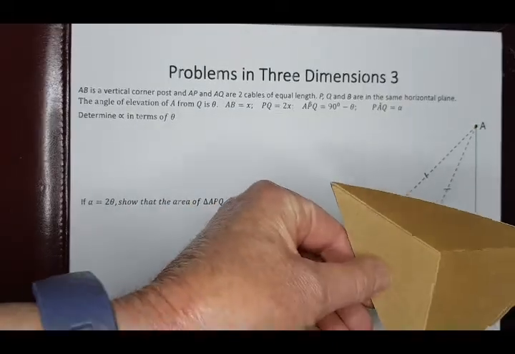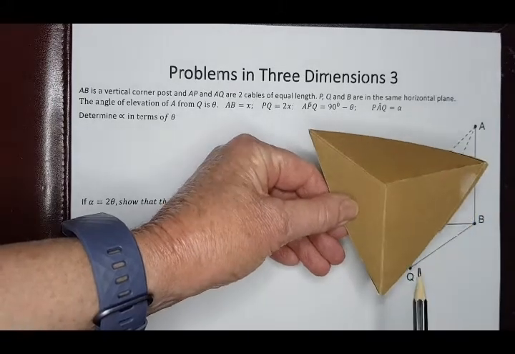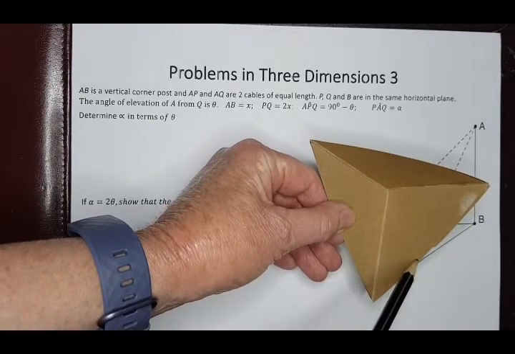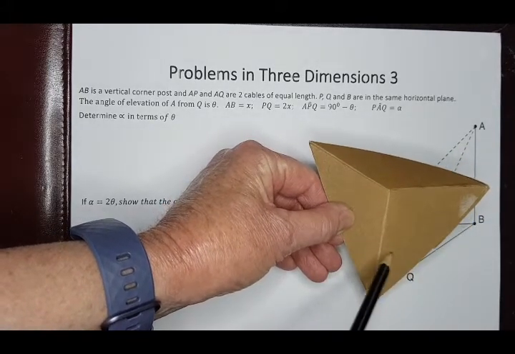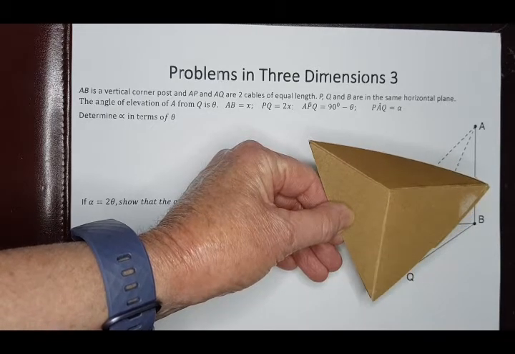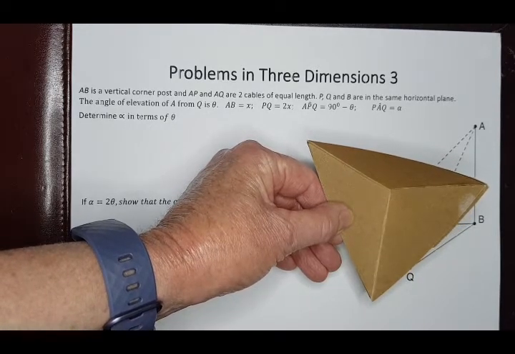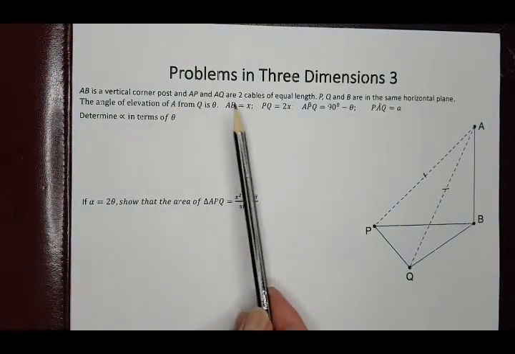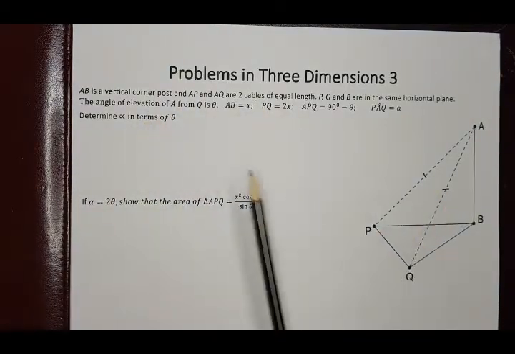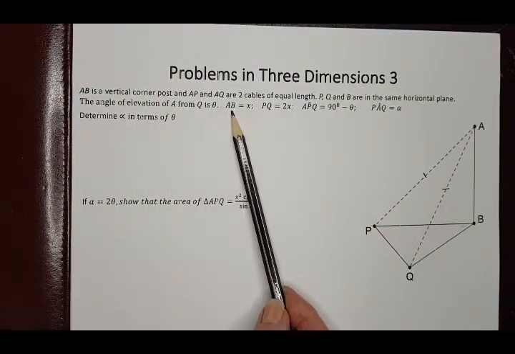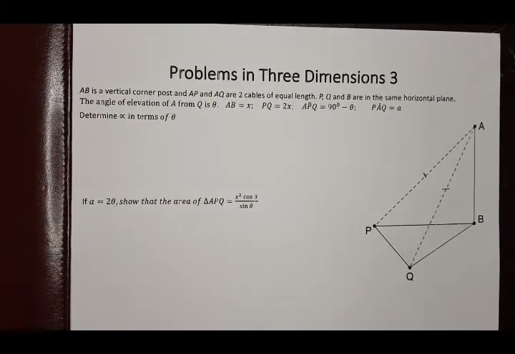We are told that the angle between the stay and the horizontal, that angle there, is theta. Sorry, not beta, it's theta. AB is equal to x.